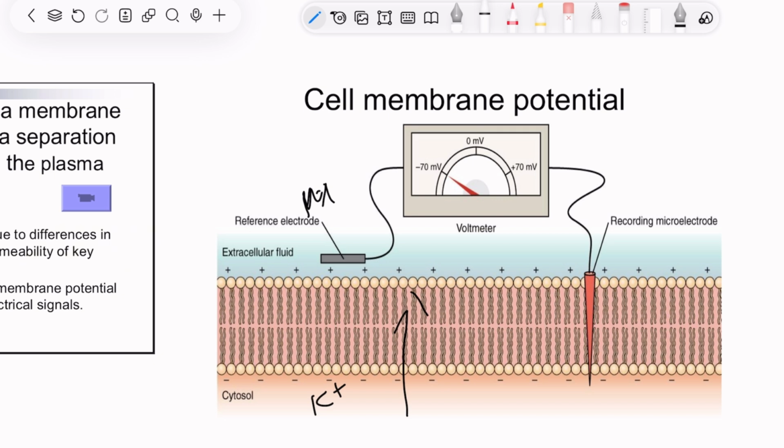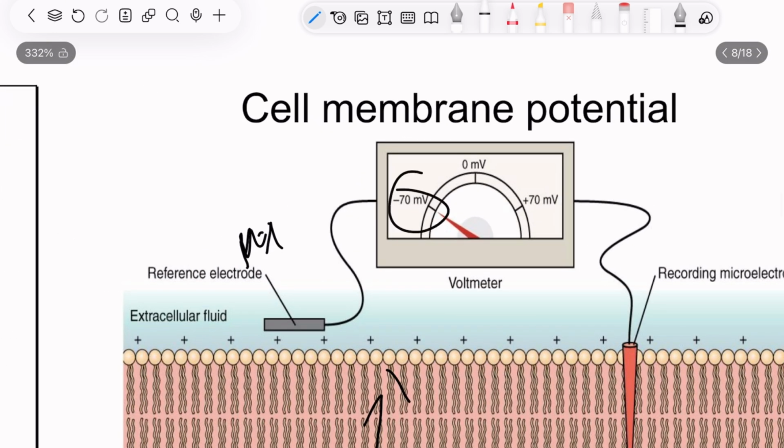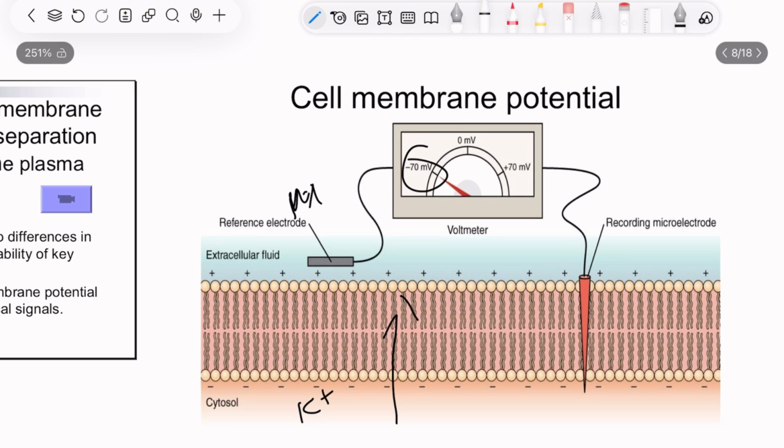It has a stable charge difference across its membrane. This is called the resting membrane potential, and it's usually about negative 70 millivolts inside the cell, meaning that the inside of the cell is more negatively charged compared to the outside. In summary, membrane potential is the result of the uneven distribution and movement of ions across the cell membrane, leading to a difference when the cell is at rest.